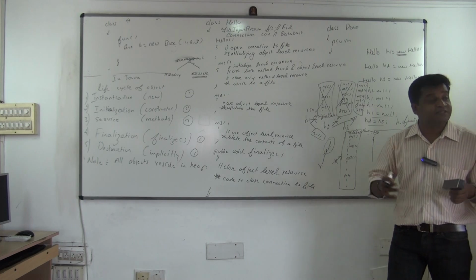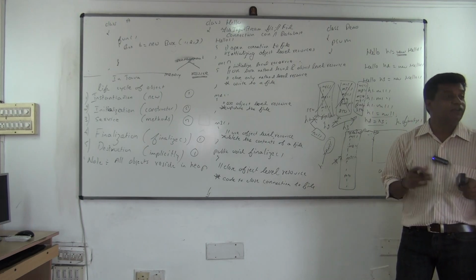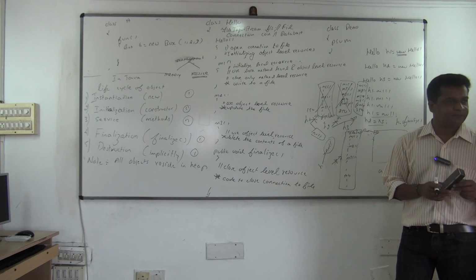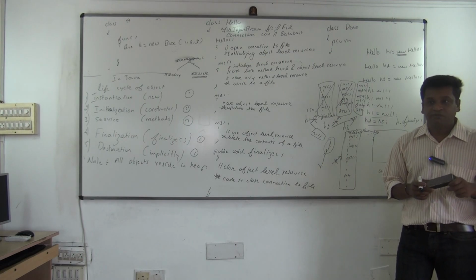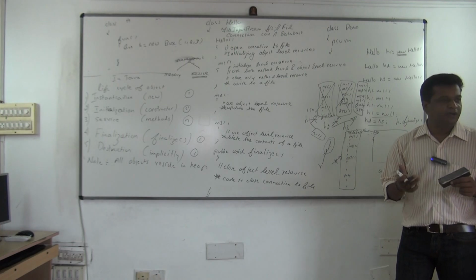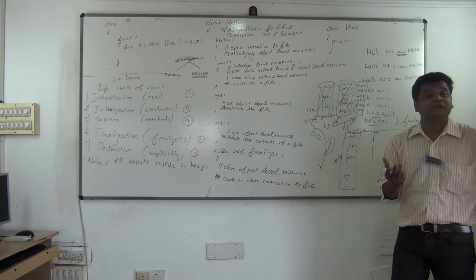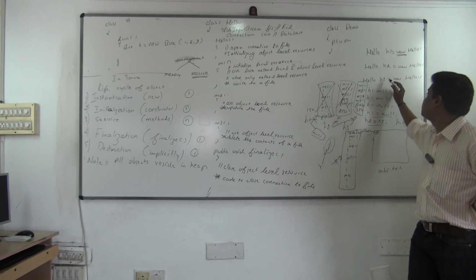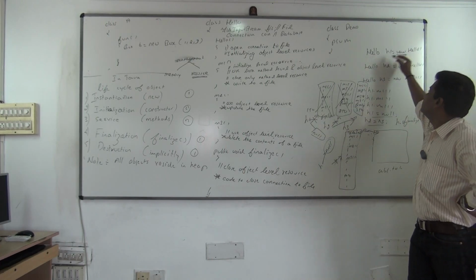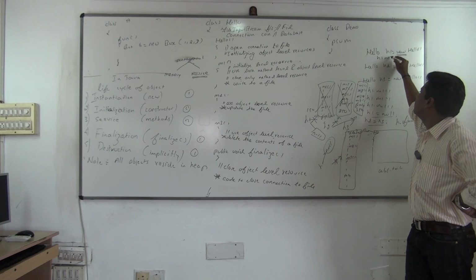So calling finalize explicitly by the developer will only release the resource, but will not destroy the object. Understood? So we should not call it. You can call it explicitly, but it will only release the resource, but will not destroy the object. It is still referred. See here, h1.m1. I'll create Hello h1 = new Hello(), and call h1.m1.